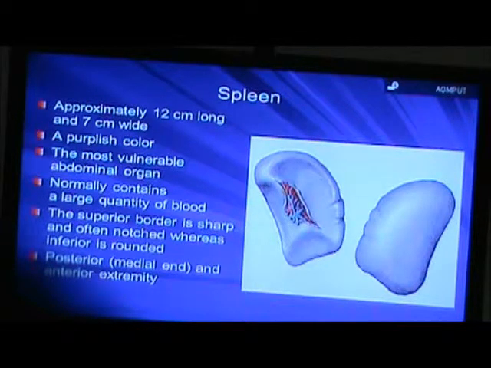The spleen is approximately 12 centimeters long and 7 centimeters wide, and the thickness is about 5 centimeters.